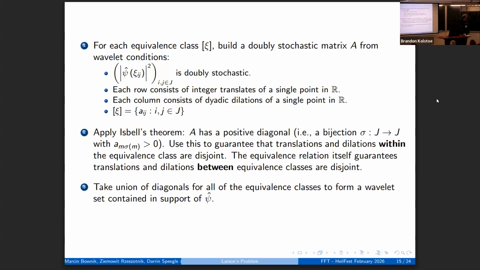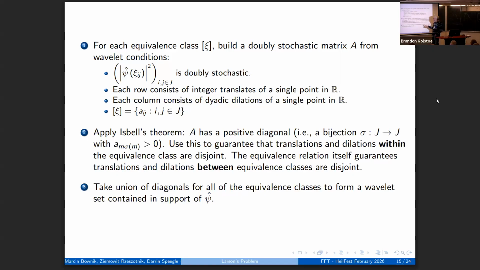The only time you get relations between dilates is if they're on the same column. We'll put aside exactly how you do that for a second. We want to ensure in the end that this matrix A_ij equals, as a set, this equivalence class. So everything in this equivalence class is contained in this matrix eventually. This is kind of crucial.